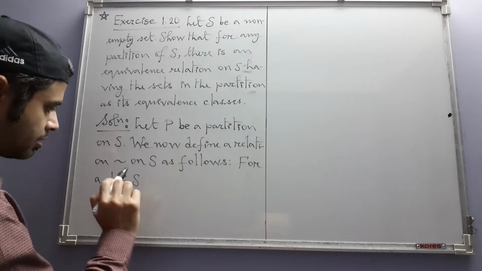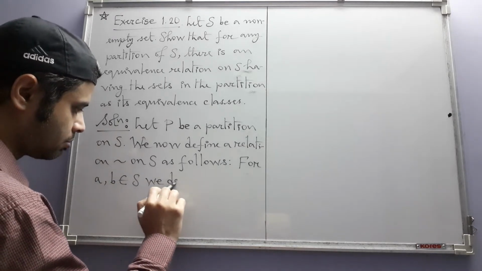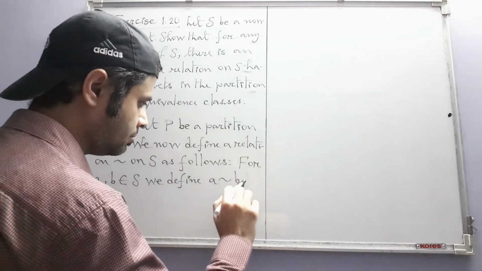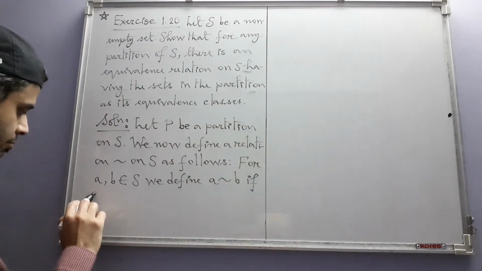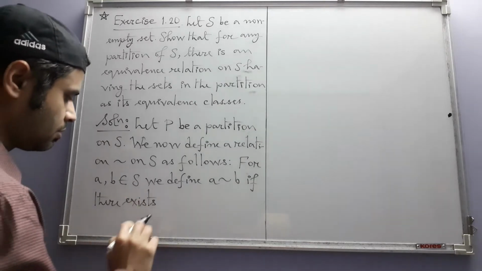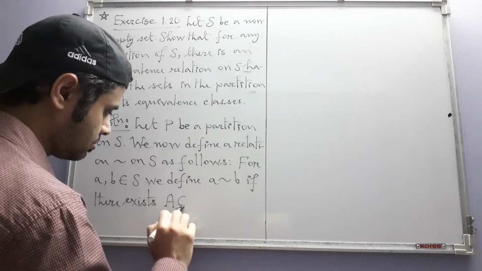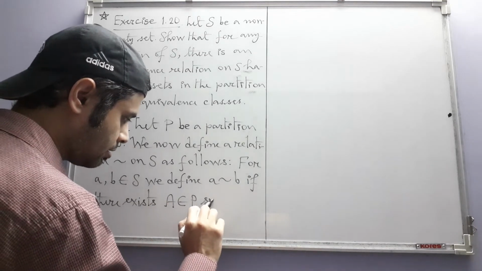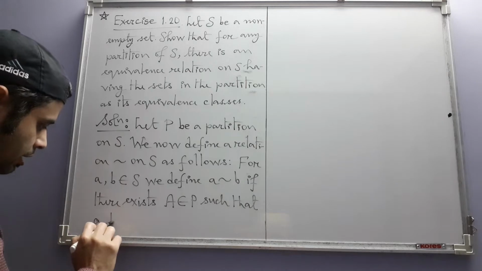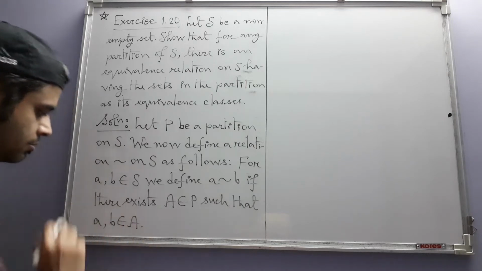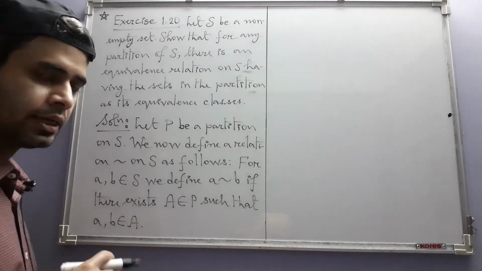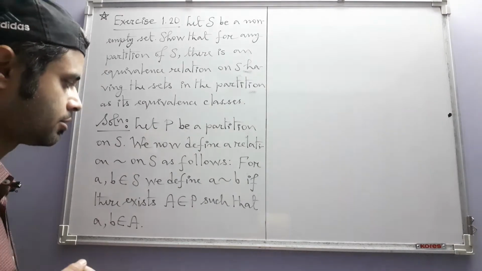For two elements a and b in S, we define a to be related to b if there exists some set A in the partition such that a and b both belong to that set A.